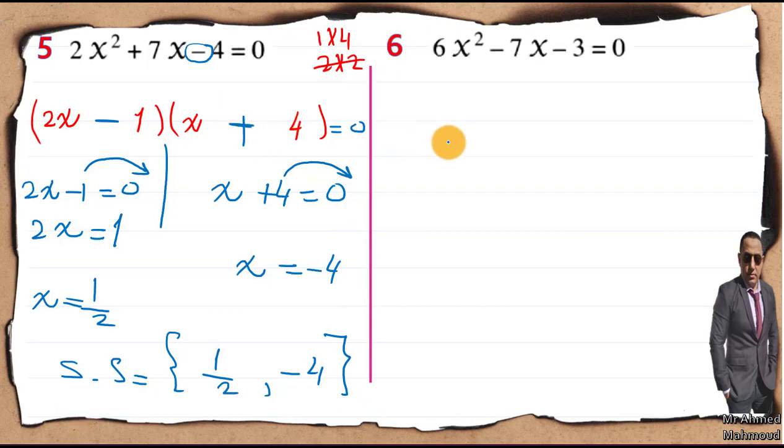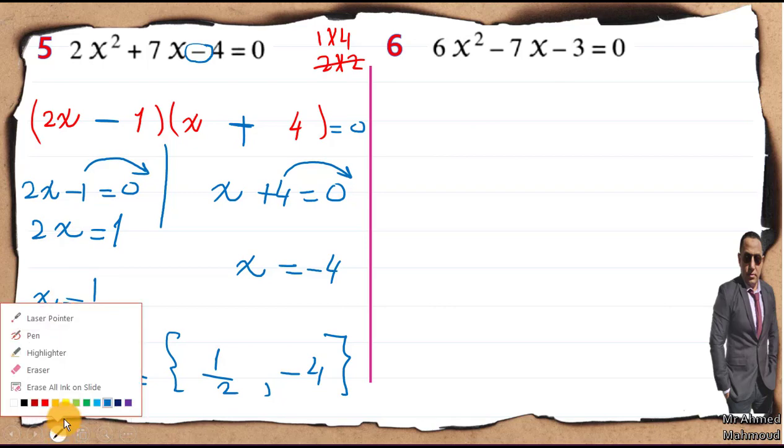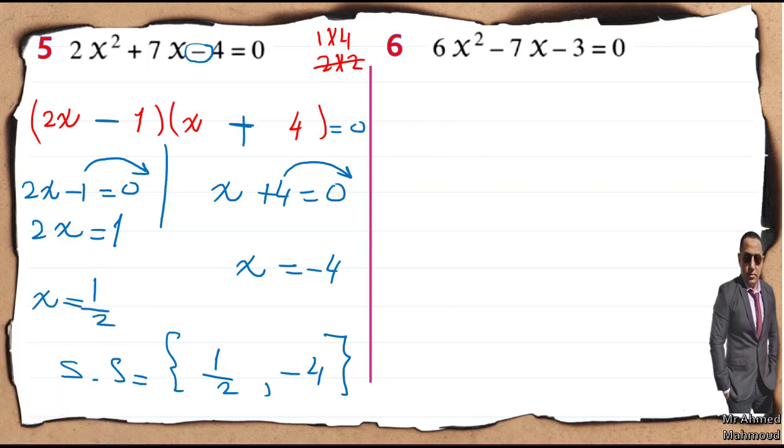Another one. Here also I have two brackets, I have the expression 6, 7 and 3. I don't have a common factor between them, so I'm going to factorize by using means and extremes. Open two brackets like this. Here 6 equals 1 times 6 or 2 times 3. I'm going to start with 2 times 3, 2x and 3x, or I can start with 3x and 2x, it's okay.